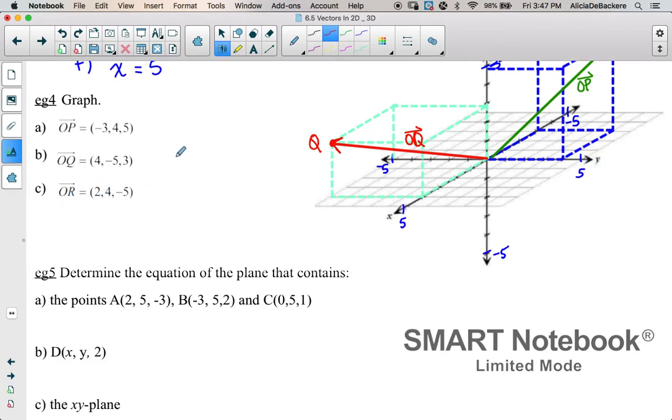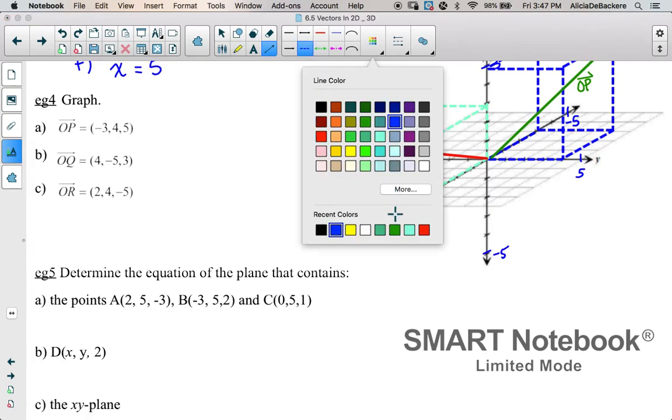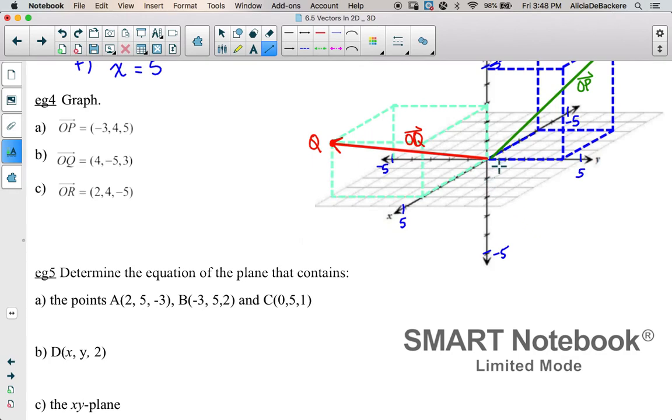All right, the next one we're going to do is OR. So we're heading out to point R. I'll grab my ruler. All right, this time it says 2 units is the depth, so 2 units forward. And then we're going to go from there 4 units to the right, 4 units along the y-axis, and then 5 units down.